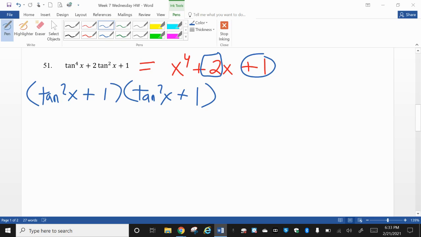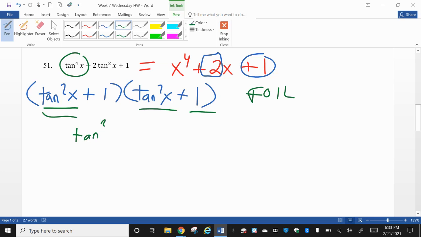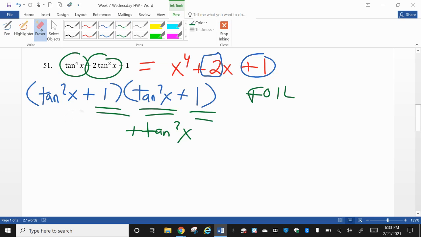If you wanted to prove this to yourself, you can do FOIL here. First and first would give us tangent to the fourth of x. Outer, this plus this would give us tangent squared of x. Inner, this plus this would give us tangent squared of x. Combined would give us 2 tangent squared x, and then last, 1 times 1 would give us 1. Just a little proof in case you didn't believe the FOIL would actually work out.